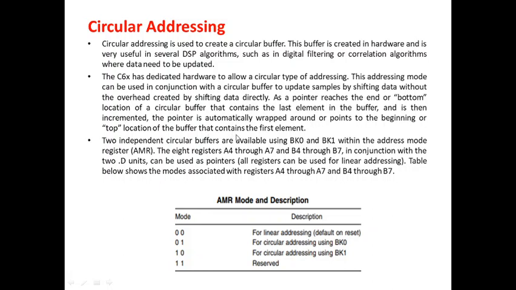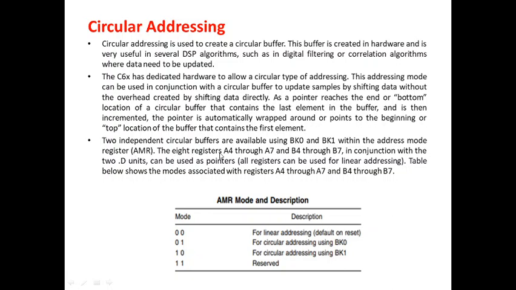So in circular buffering, the pointer points to the memory location where data is being written. Two independent circular buffers are available in this floating point processor using BK0 and BK1 within the address mode register AMR.